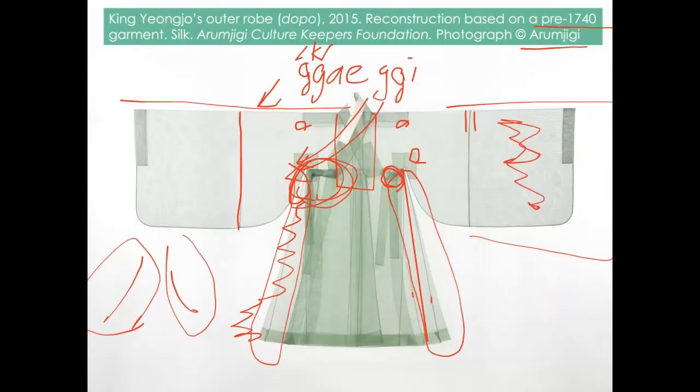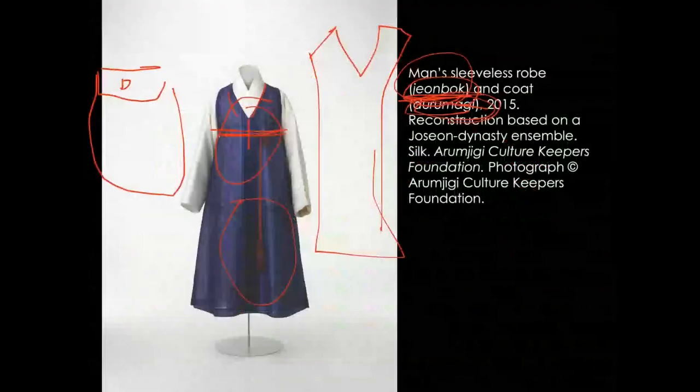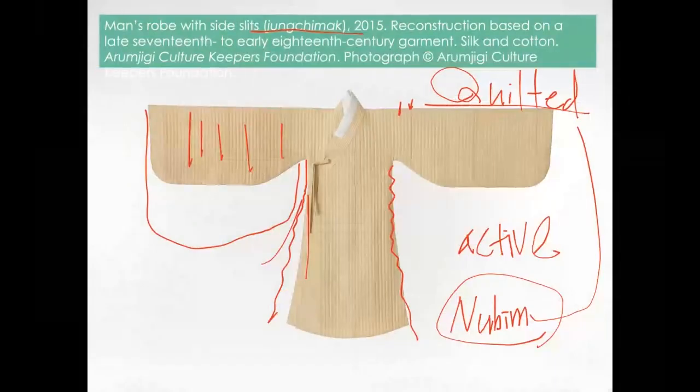If 객기 is the sewing technique for summertime for thin diaphanous garments, 누빔, or sometimes 누비 without the M, is needlework for winter clothes to make them a little bit stronger and warmer.